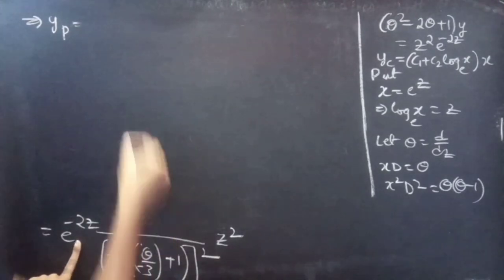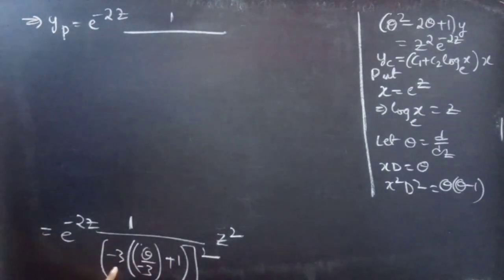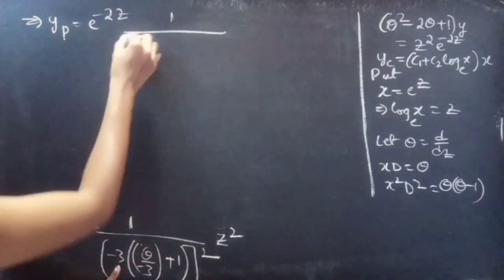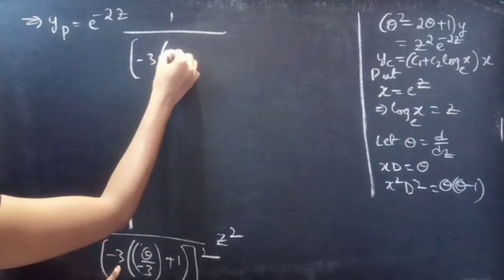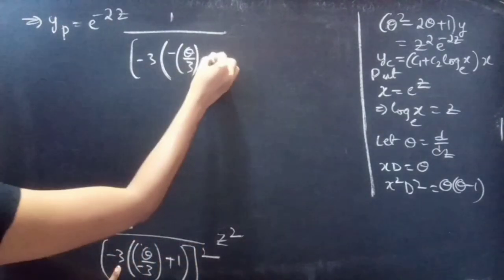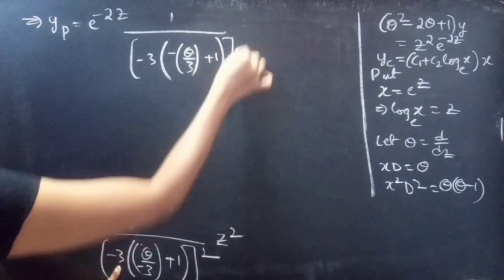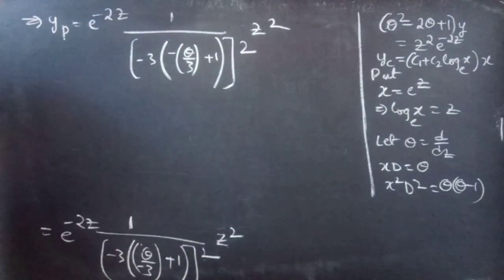Yp becomes e power minus 2z into 1 by minus 3 into, write theta by minus 3 as minus of theta by 3 plus 1 whole square into z square, right?